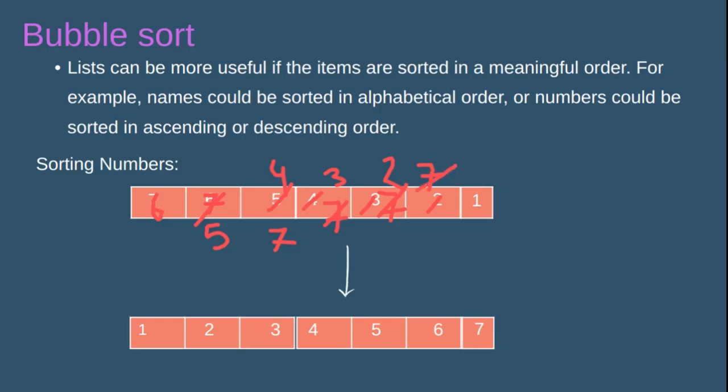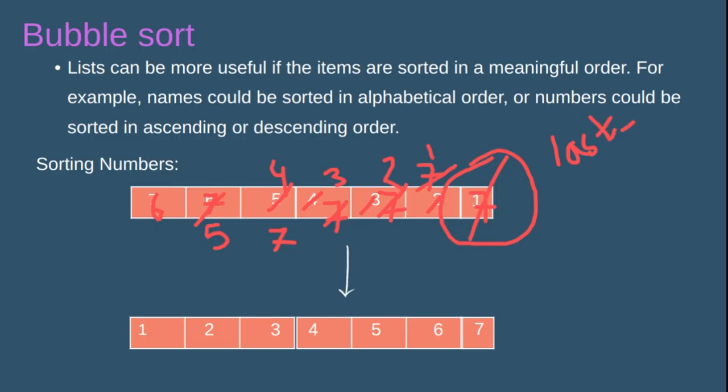At the end of the for loop, when we have compared all these values, the last value is sorted. Next time when we compare, we won't compare this value; we'll consider last minus 1 because the last will be sorted.